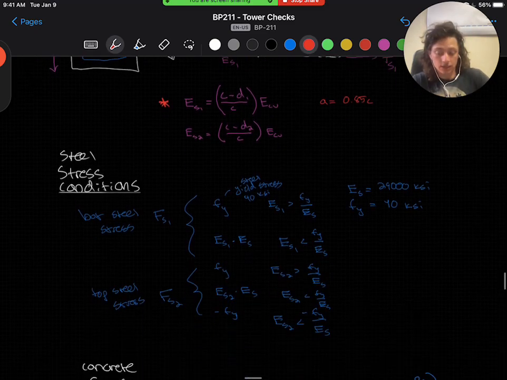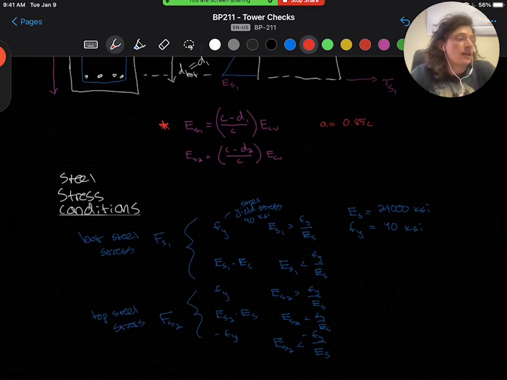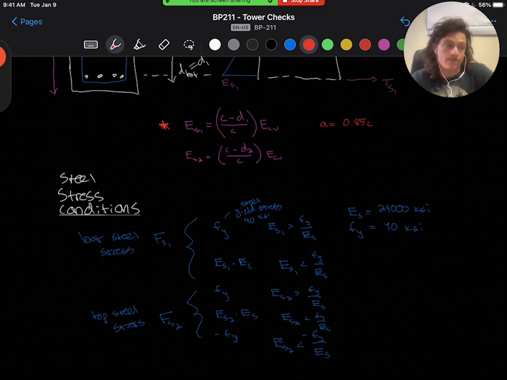Now, for steel stress conditions, FS1 is the bottom steel stress, which will depend on the amount of strain, right? More strain is going to equal more stress because the bar is getting stretched further. And if ES1 is greater than the yield stress of steel, which we'll take as 40 KSI, over the elastic modulus of 29,000 KSI, the max strain in the steel, we will take this as the limit stress of 40 KSI, which means the steel is yielding and it's not going to pull back, if you will, with any more stress than 40 KSI worth.